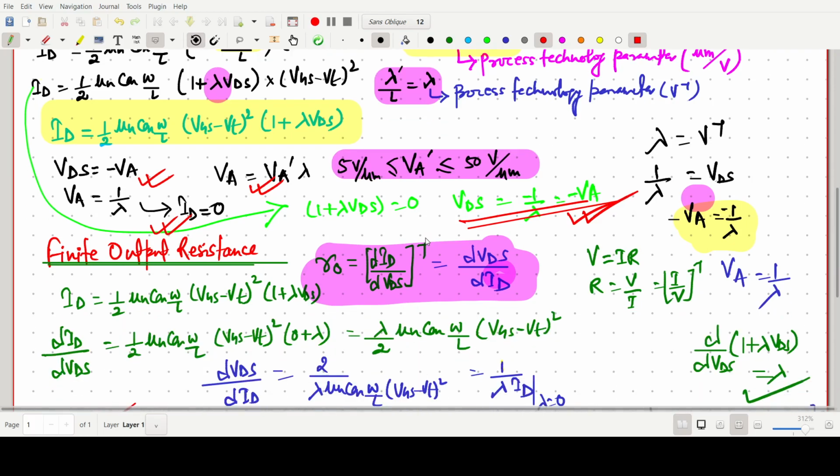So we are writing VA equals VA dash into L, to make the unit a volt.